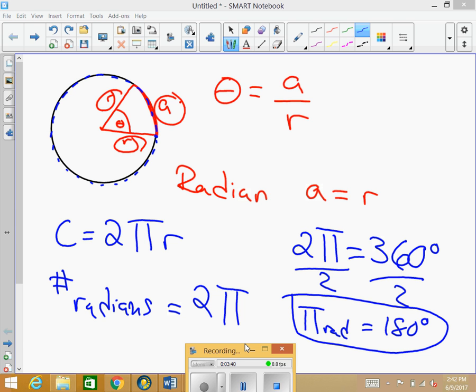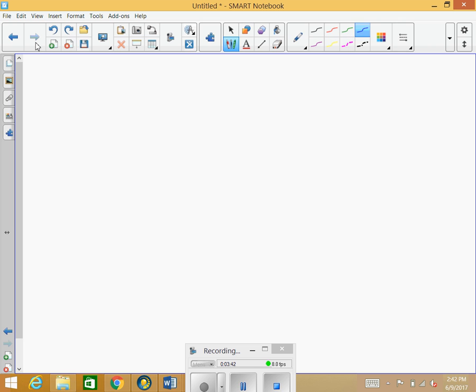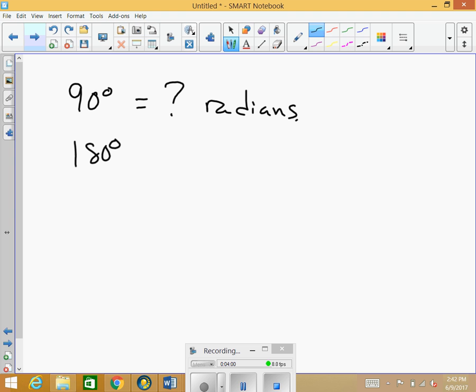So for instance, let's take a look at, say, 90 degrees. I want to know how many radians that is. So I take a look, and I know that 180 degrees is equal to pi radians.